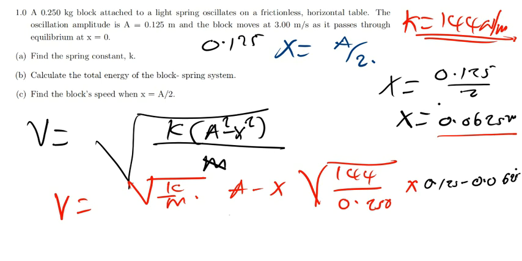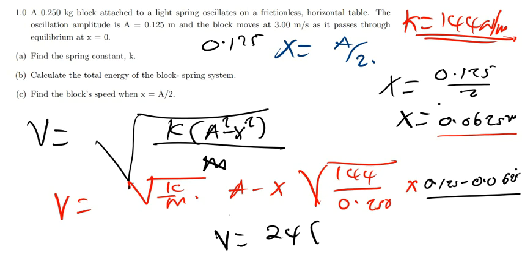So it is 24, meaning that my v will be equal to 24, then times what I'm going to have here: 0.125 minus 0.0625.